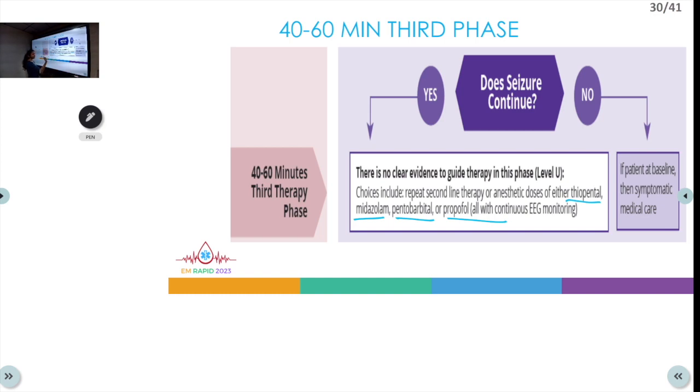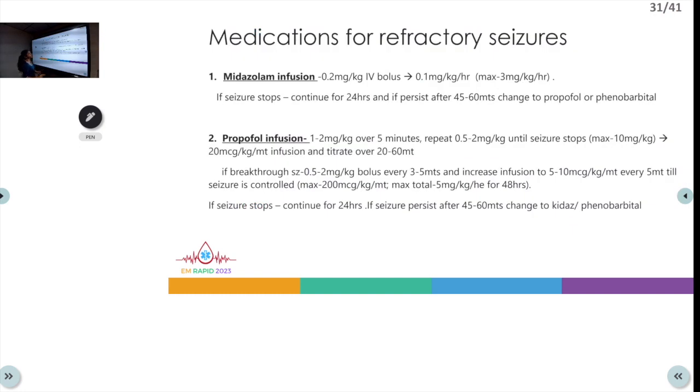It should be given as a continuous infusion along with EEG monitoring. More than 40 to 60 minutes means the patient meets the definition of refractory status epilepticus.